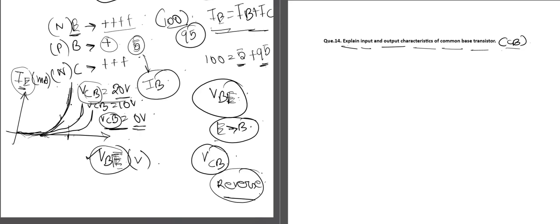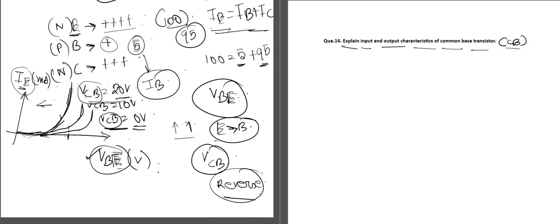As I have said, the V_B junction is already forward biased, so if we increase the value of V_B, the current will also increase. But V_CB is the output voltage. If the value of V_CB is increased, the width of the depletion region between the emitter base junction will gradually decrease, so the cut-in voltage will drift to the left-hand side.